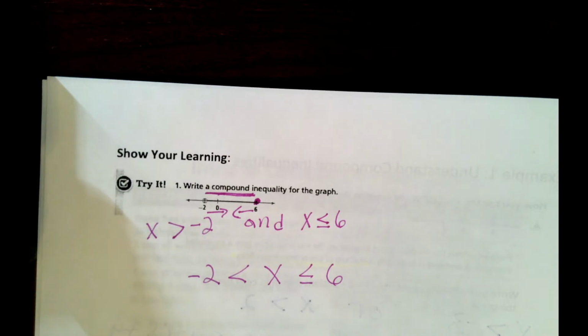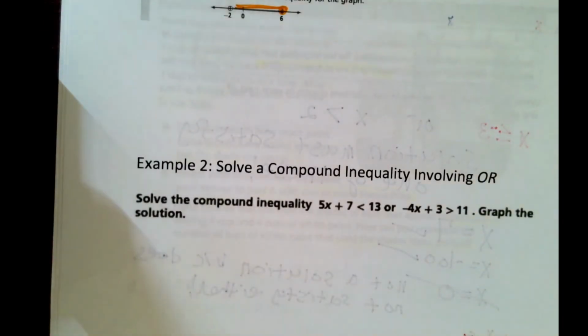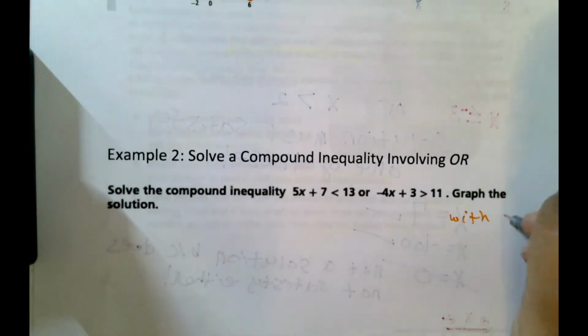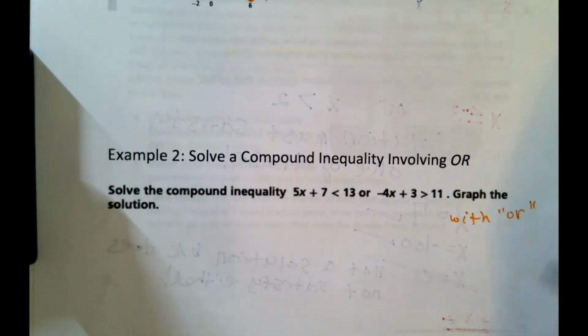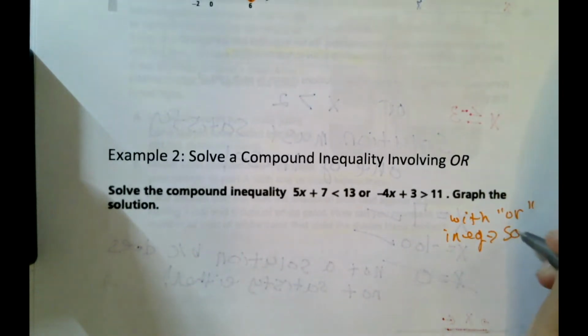Alright, so now let's get solving. That's our favorite part, solving. So with solving or inequalities, solve two inequalities. So you're just going to have to solve two separate inequalities. So notice it gives them to you.